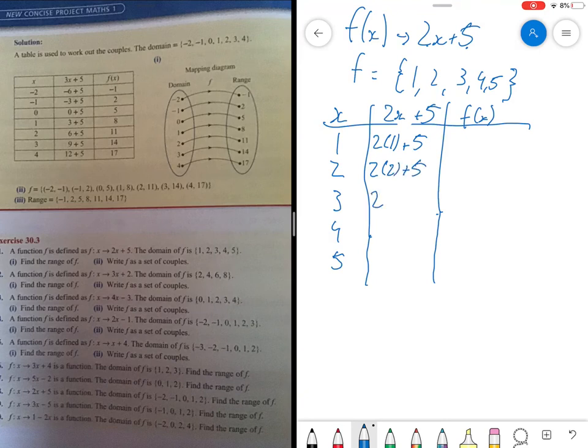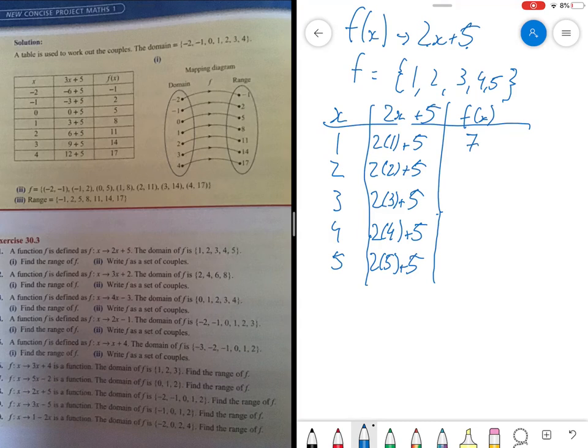Then 2 bracket 3, plus 5. Here my input is 4, so 2 by 4 plus 5. And here my input is 5, so 2 bracket 5, swapping the x out for the 5, plus 5. Now we need to multiply this out, so 2 1s are 2, plus 5 is 7.